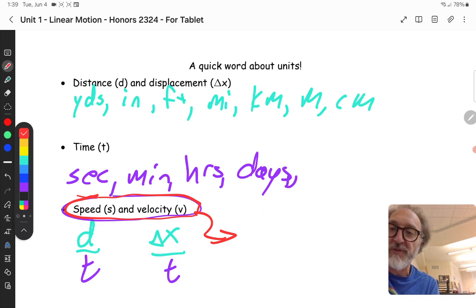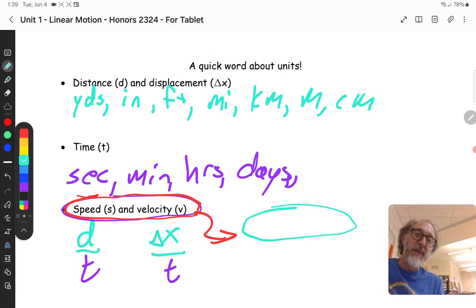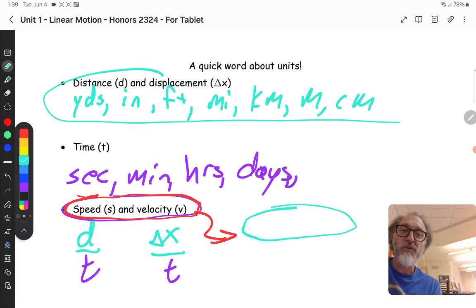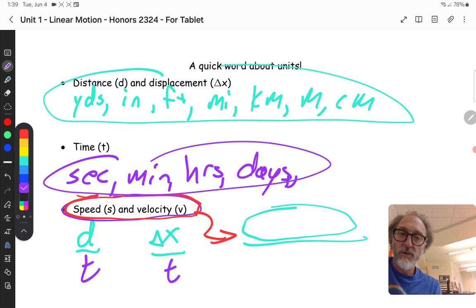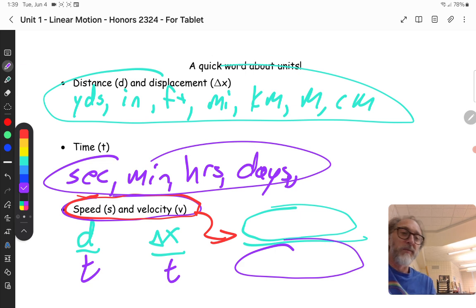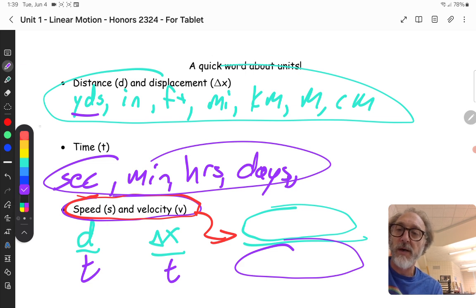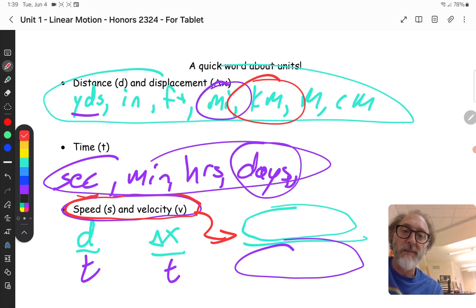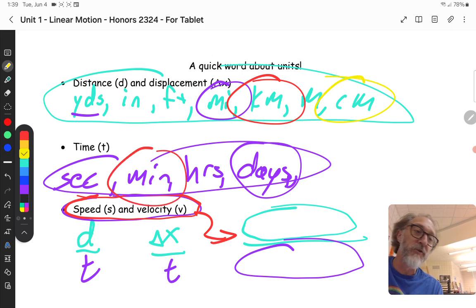Sorry, I'm just getting used to this tablet here, and apparently my aim is bad. So you can measure speed in yards per second, or miles per day, or kilometers per minute, or centimeters per year.